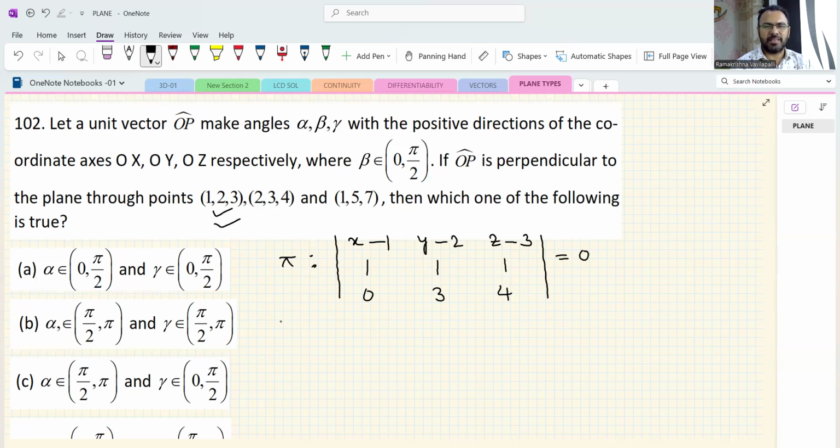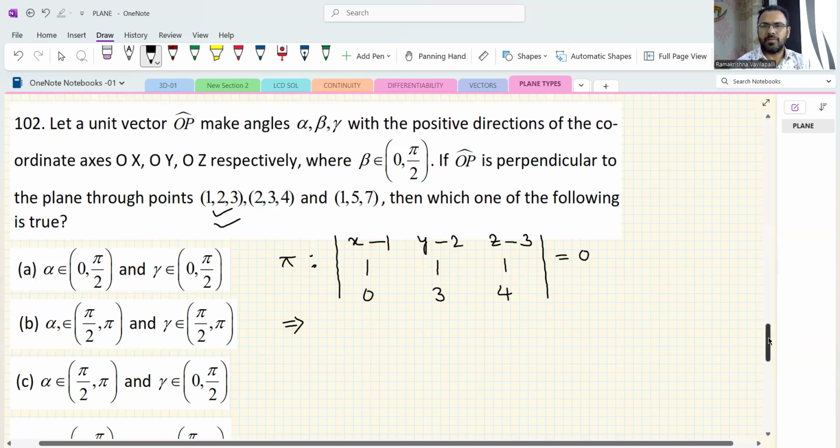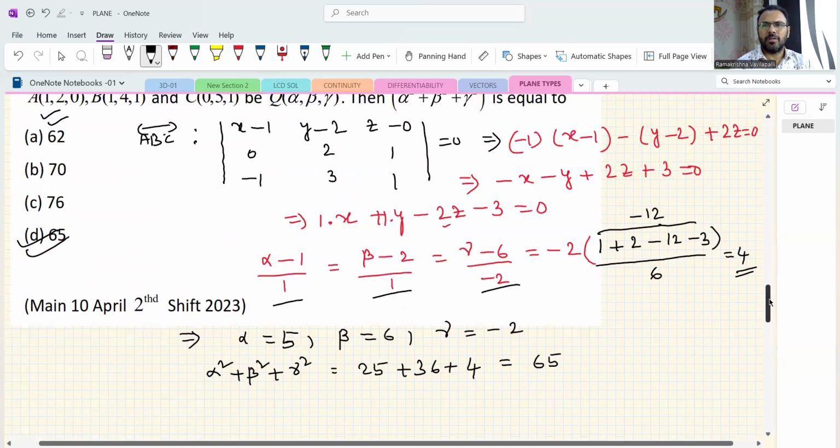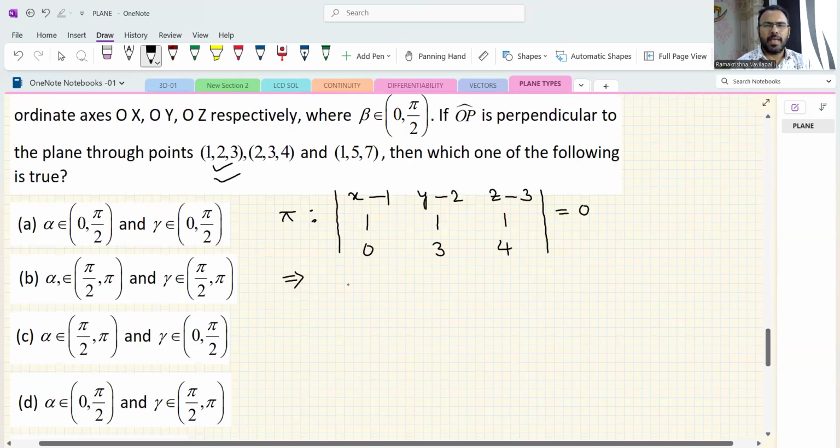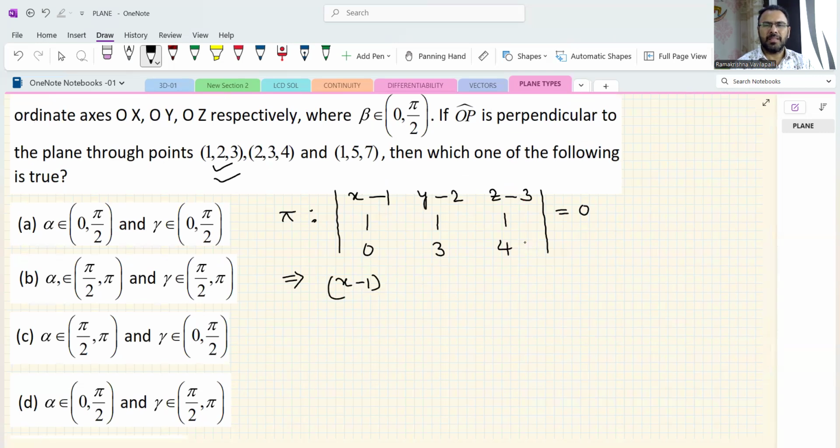Right. Well, this implies x minus 1 into this 4 minus 3, 1.